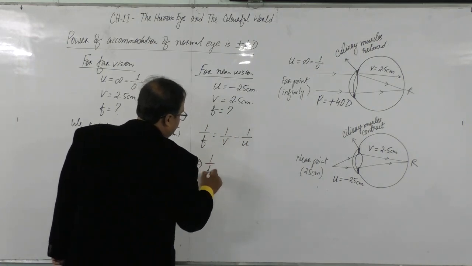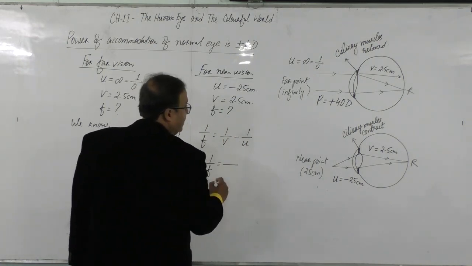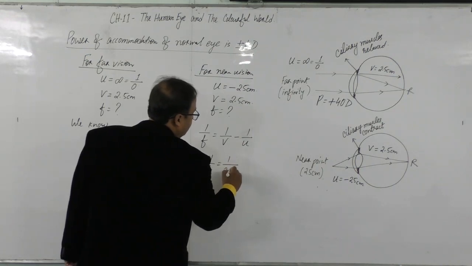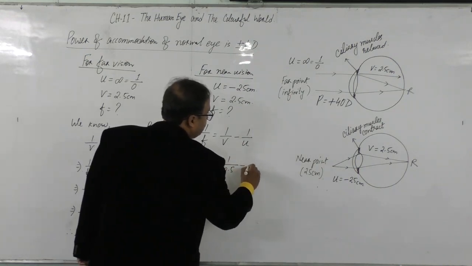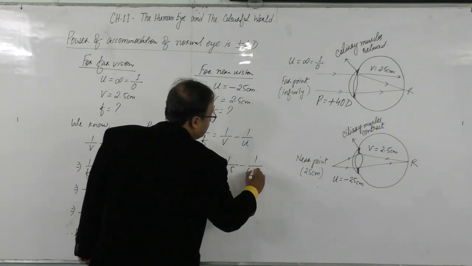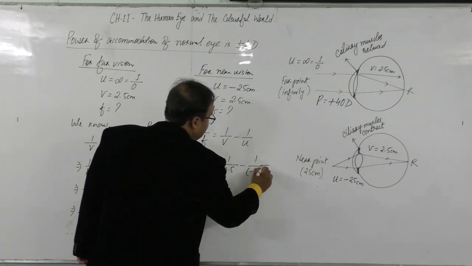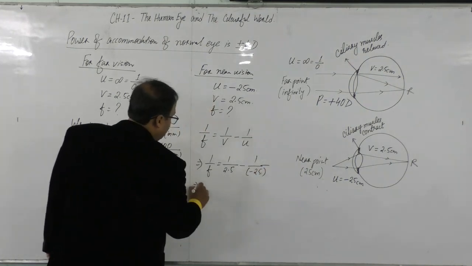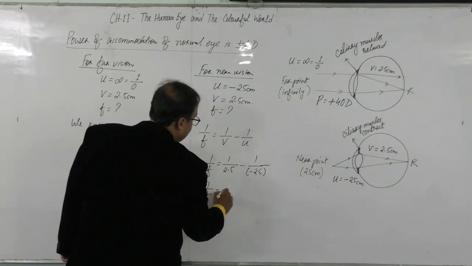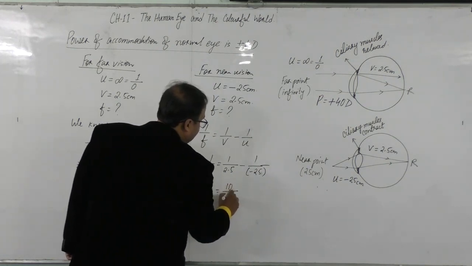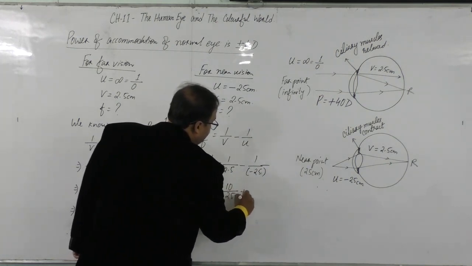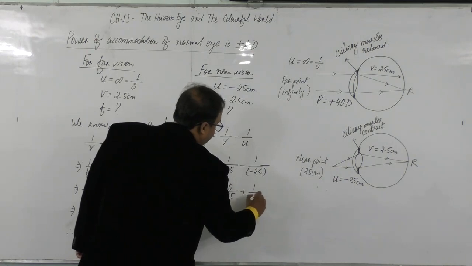So 1 by f is equals to 1 by v, 1 by 2.5 centimeter minus 1 by u, minus 25 centimeter. So 1 by f is equals to, we can write 10 by 25 plus 1 by 25.